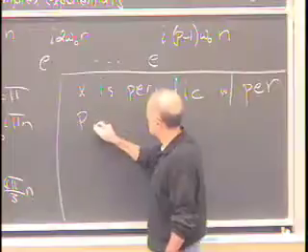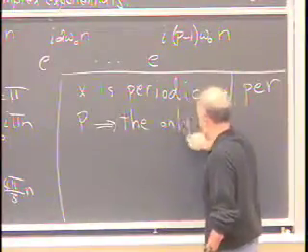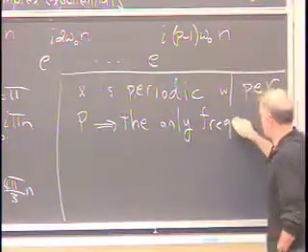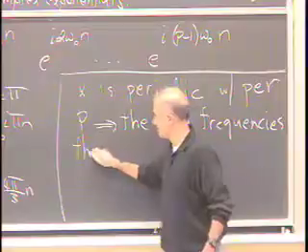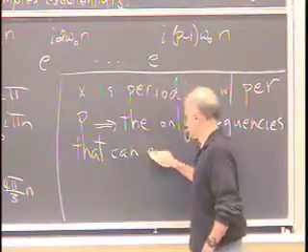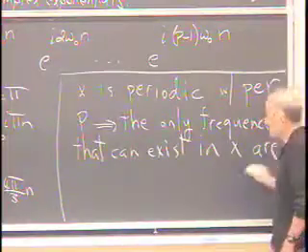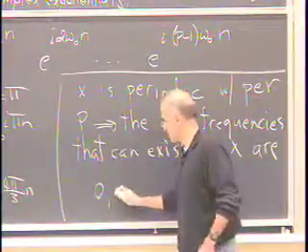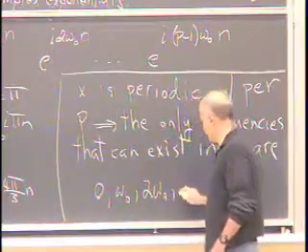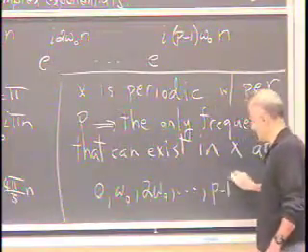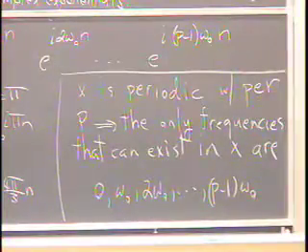If x is periodic with period P, then the only frequencies that can exist in x are 0, omega naught, 2 omega naught, up to (P minus 1) omega naught. There's no other frequency.